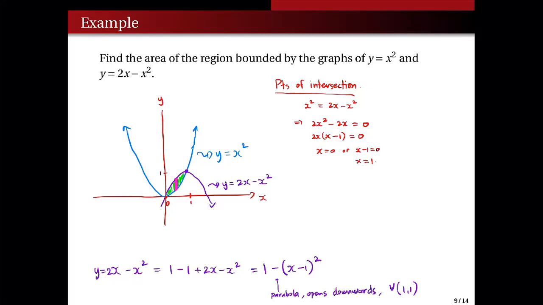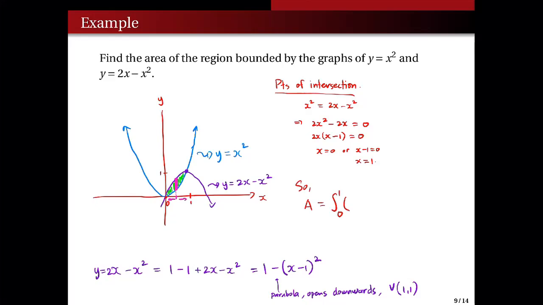As it moves from down here going up there, the value of x moves on the interval from 0 to 1. So indeed, your interval is from 0 to 1. The area of the region will be the integral from 0 to 1.